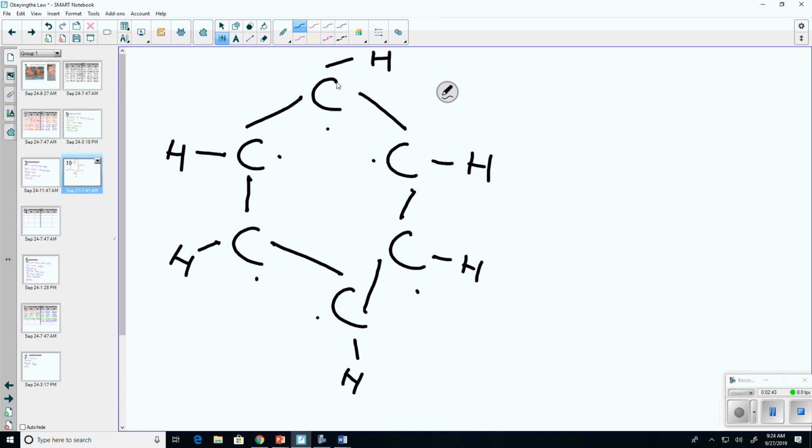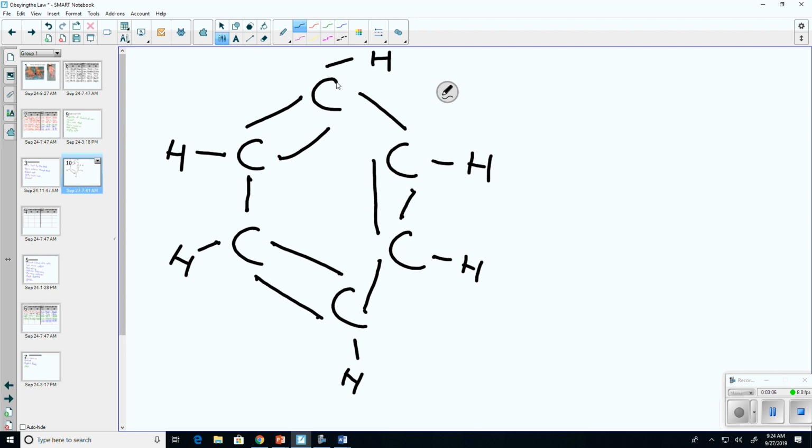What benzene is, it involves a double bond followed by a single bond, followed by a double bond, followed by a single bond. Let's get rid of this electron here and just move it here, followed by a double bond.